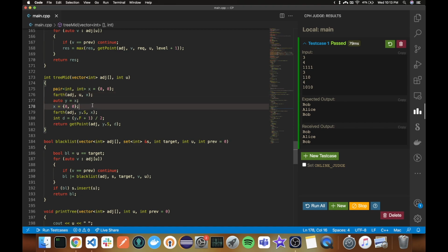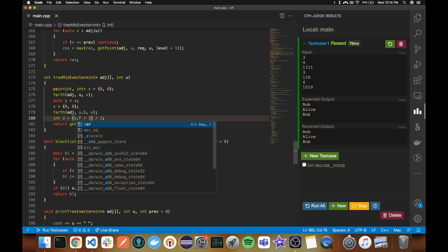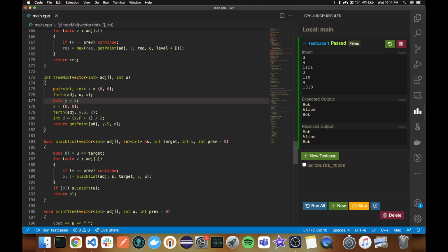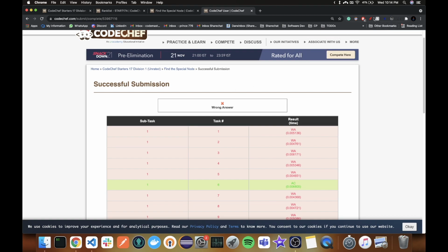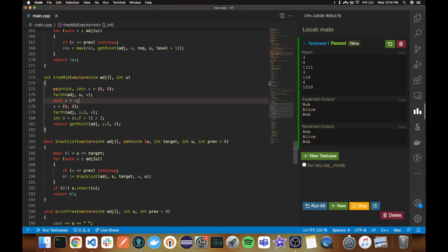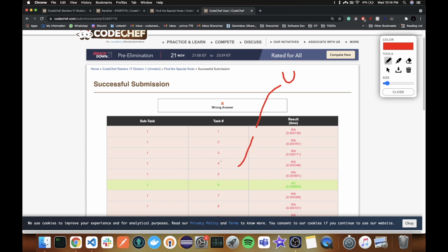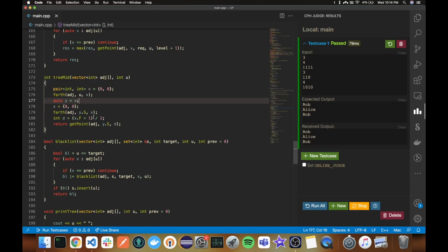X is again that, and get the furthest now from y dot second. Okay, this should be X dot first because I go to X, I make it Y, and then I go to X, right? So I want the distance of this. I was only closing distance of this. Okay.